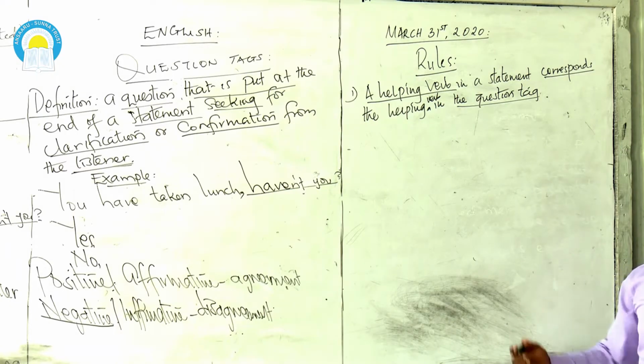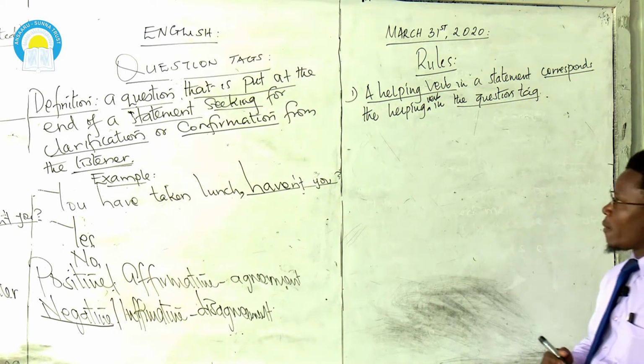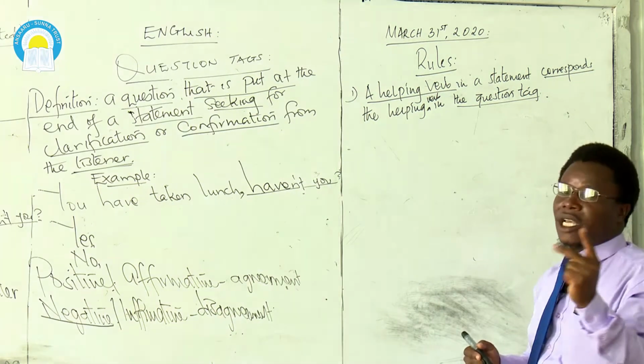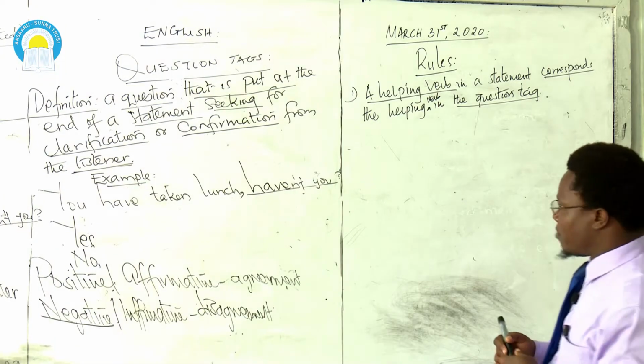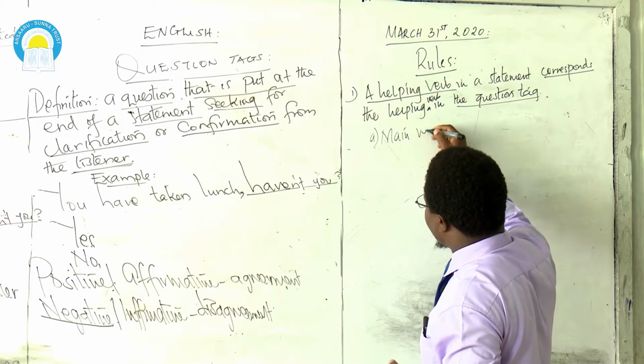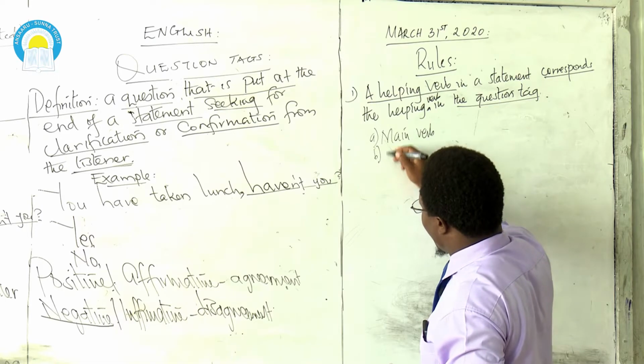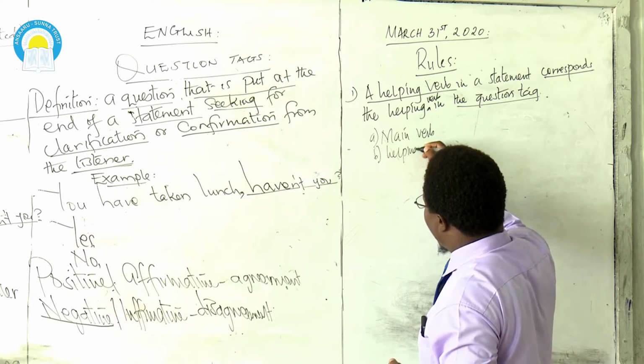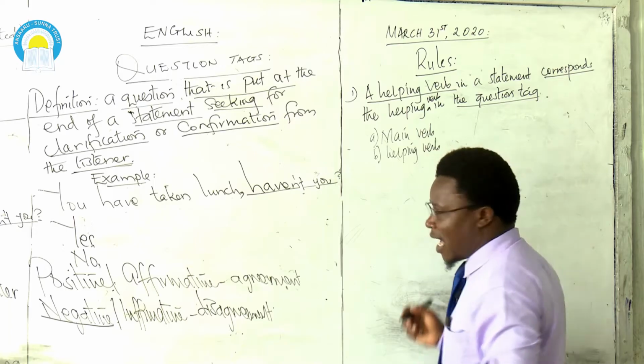Maybe to elucidate for purposes of understanding the meaning. In this context, there are 2 types of verbs. 1, we have the main verb. 2, we have the helping verb.